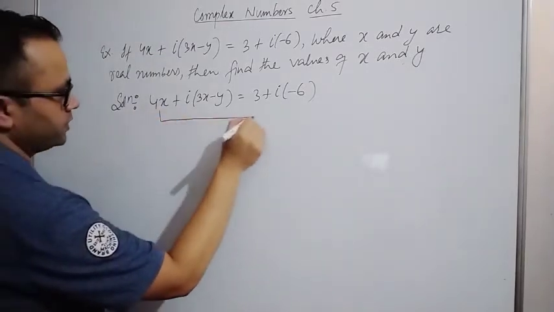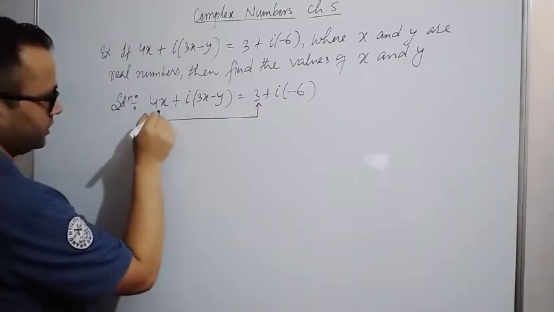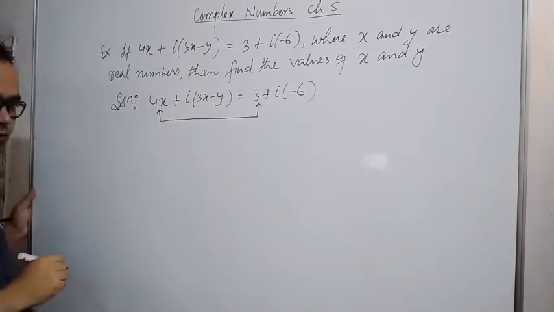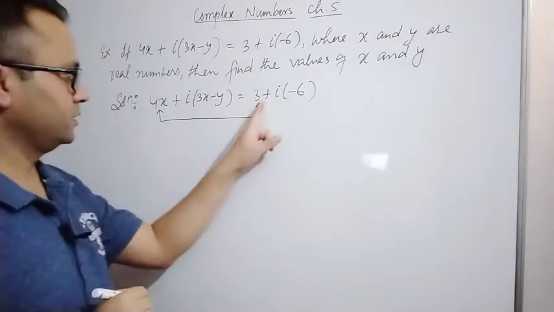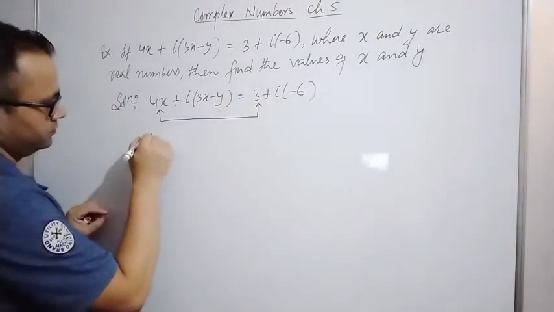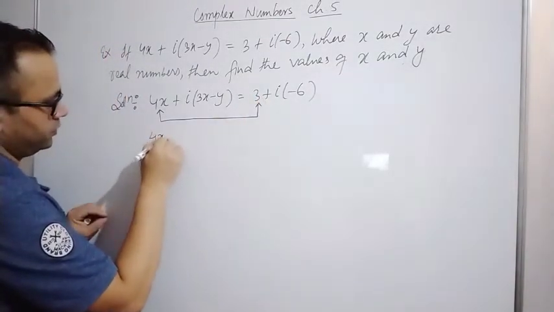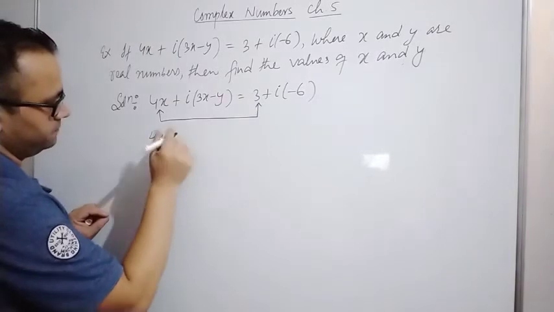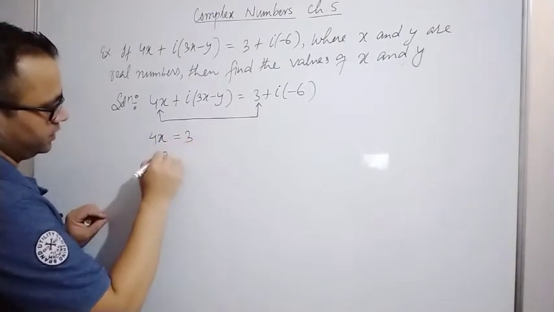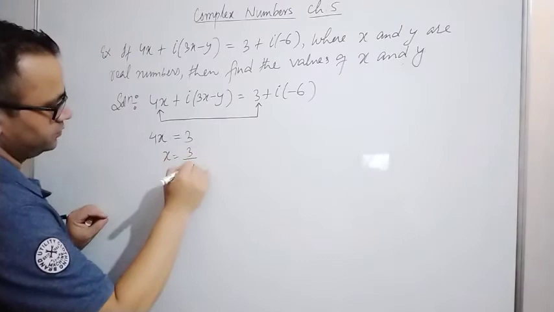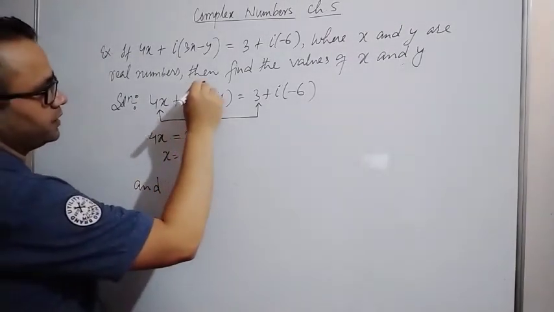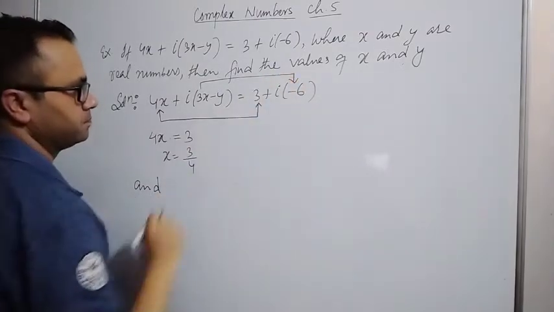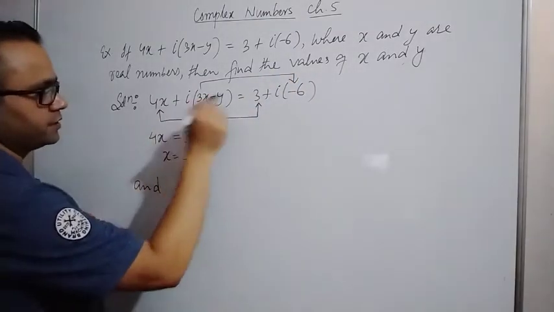Now first, equating LHS and RHS. These are the real parts of the two complex numbers. 4x equals 3. So x equals 3 by 4. And this part is the imaginary part, because i is there.